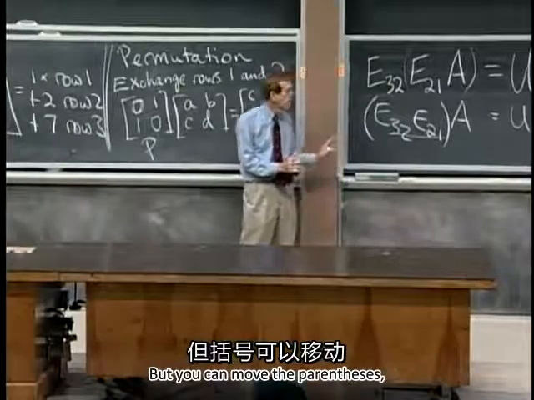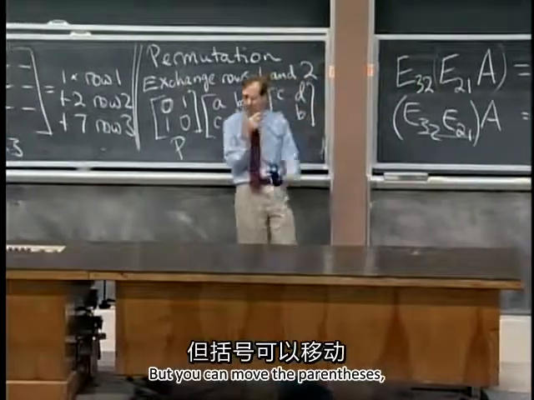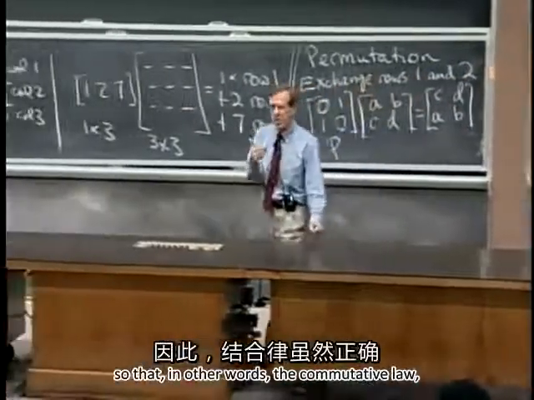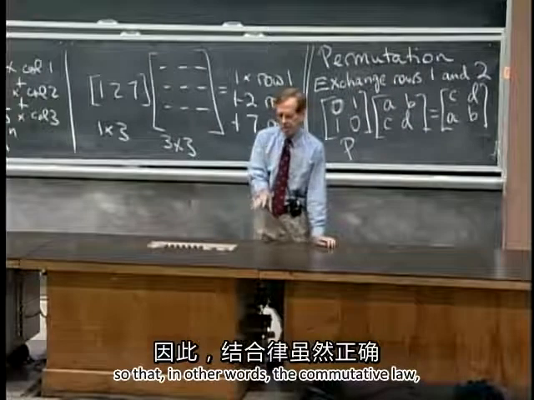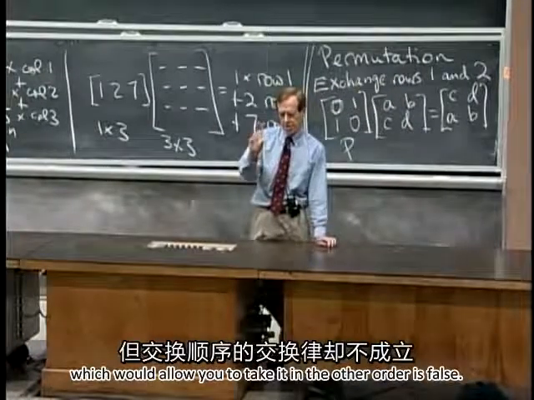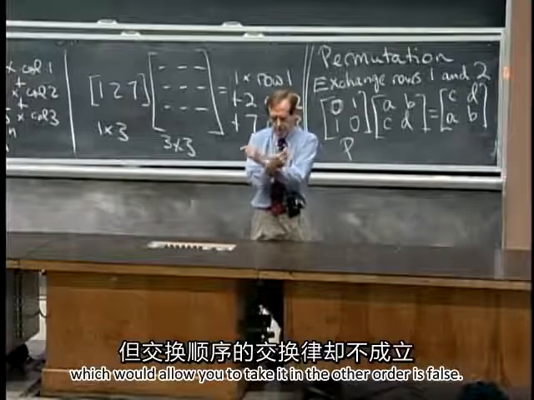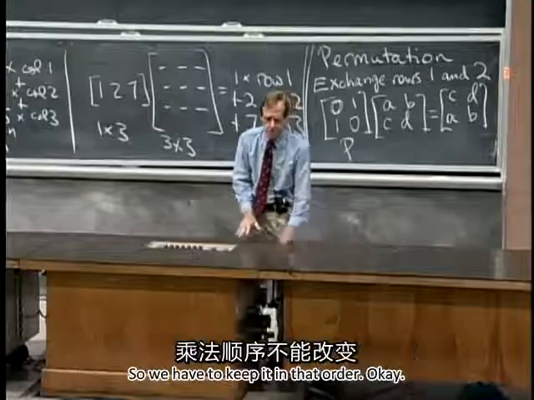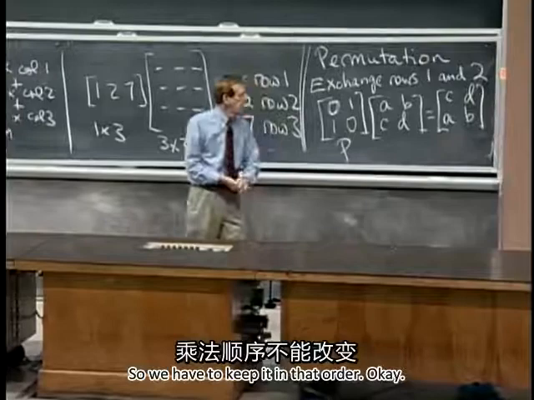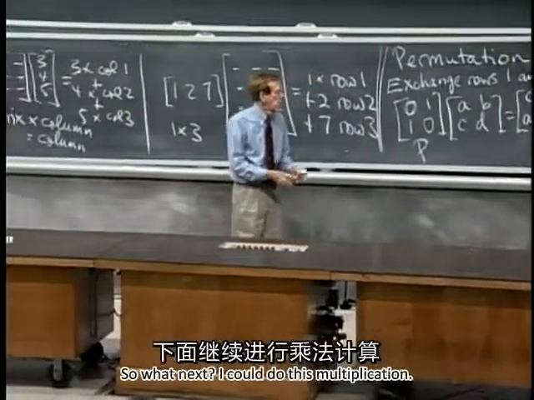But you can move the parentheses. In other words, the commutative law, which would allow you to take it in the other order, is false. So we have to keep it in that order.